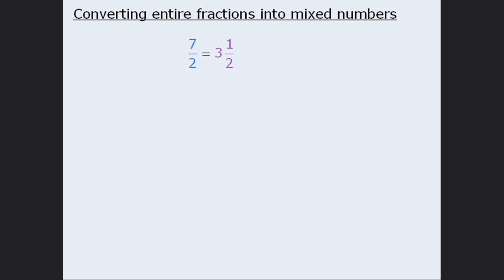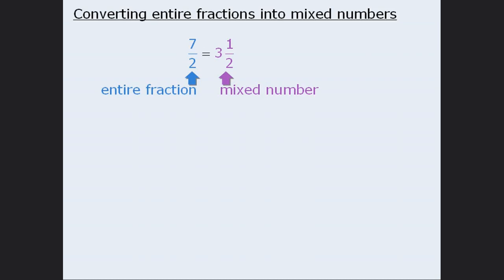Now, if we leave it as one fraction, it is called an entire fraction, also known as an improper fraction or simply a fraction. If we write it as a combination of an integer and a fraction, it is called a mixed number. This is also known as a mixed numeral or a mixed fraction, to name a few. Now, don't worry about the names of these. What's important is that you know how to convert one form to the other form.